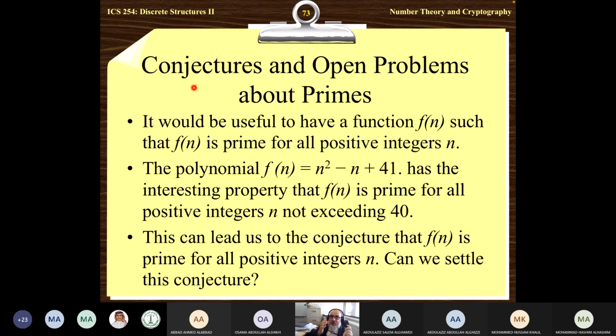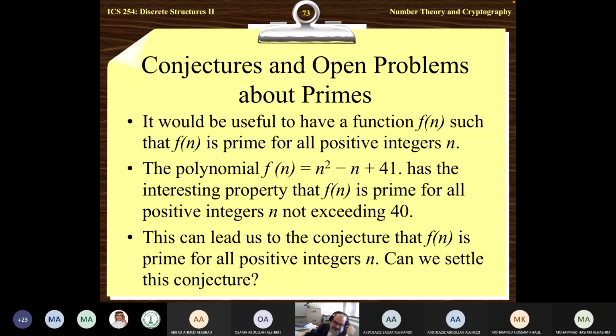Right. So for example, it would be useful to have a function f of n such that f of n is prime for all positive integers. It's very nice, just give it an n, it will give you a prime number associated with n.